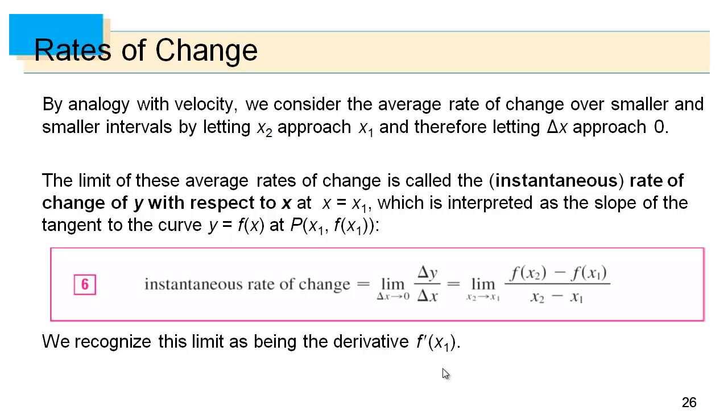Therefore, if we take the limit as delta x goes to 0 of this change in y over change in x, we're getting the limit as x2 goes to x1, or in the other direction, of f of x2 minus f of x1 over x2 minus x1. And we can see that that is another way of describing the instantaneous rate of change, right? The average rate of change is when you don't take the limit, and the instantaneous rate of change is when you take the limit and let that delta x go to 0.